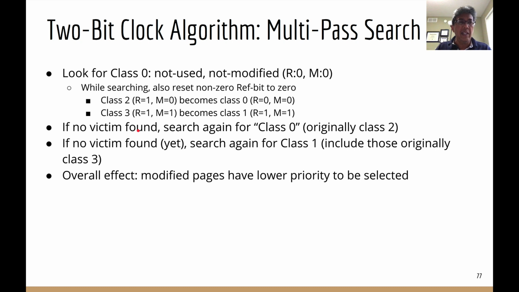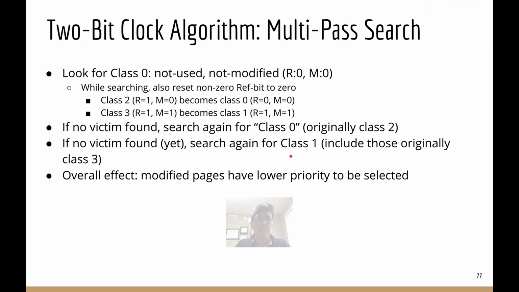But if after the second pass it still couldn't find a victim, it will search again, but this time for class 1, either original class 1 or class 1 that came from type 3. So the overall effect of this multipass search is that modified pages have lower priority to be selected as a victim page.